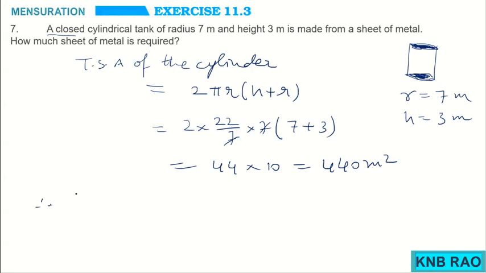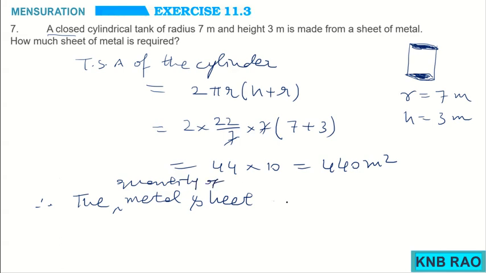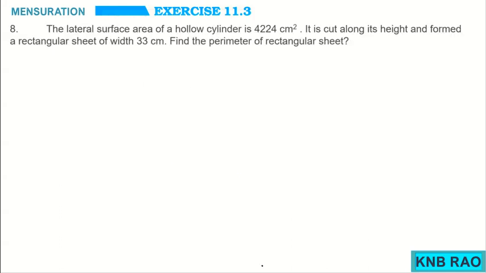Now we can conclude, therefore the quantity of metal sheet required is 440 meter square. Now moving on to question number 8.